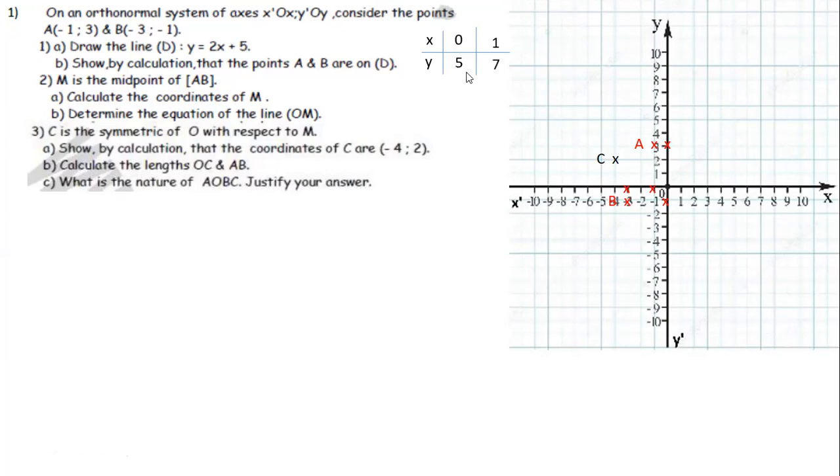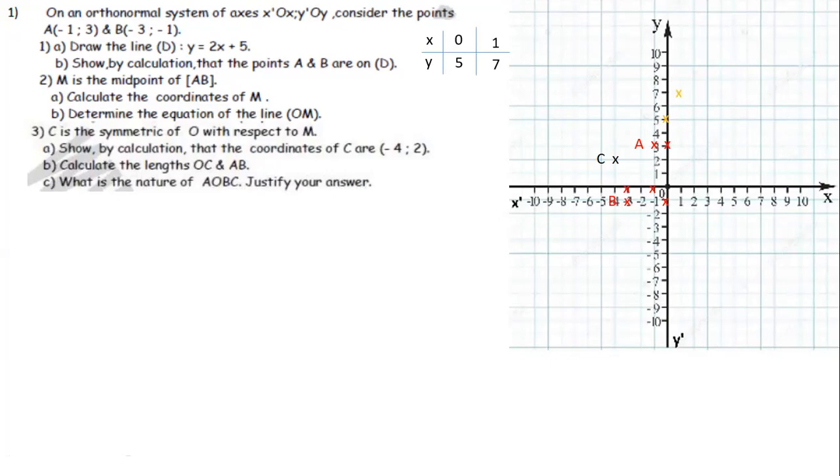These are the points where I should locate the straight line. We locate it on 0, 5. So 0 abscissa, 5 ordinate, then it will be located on the y-axis on the 5 here. So the straight line should pass through this point. Also, if x is equal to 1, y is equal to 7, it will be located on this point.